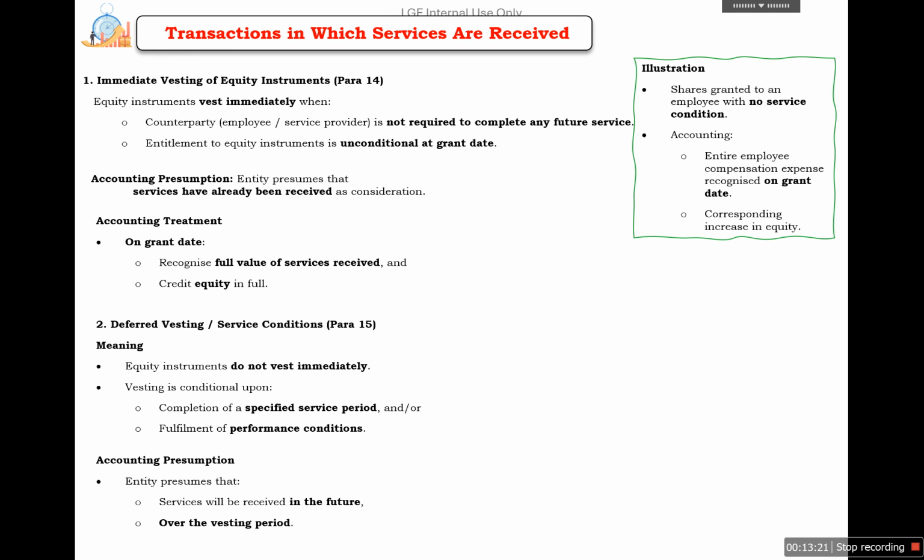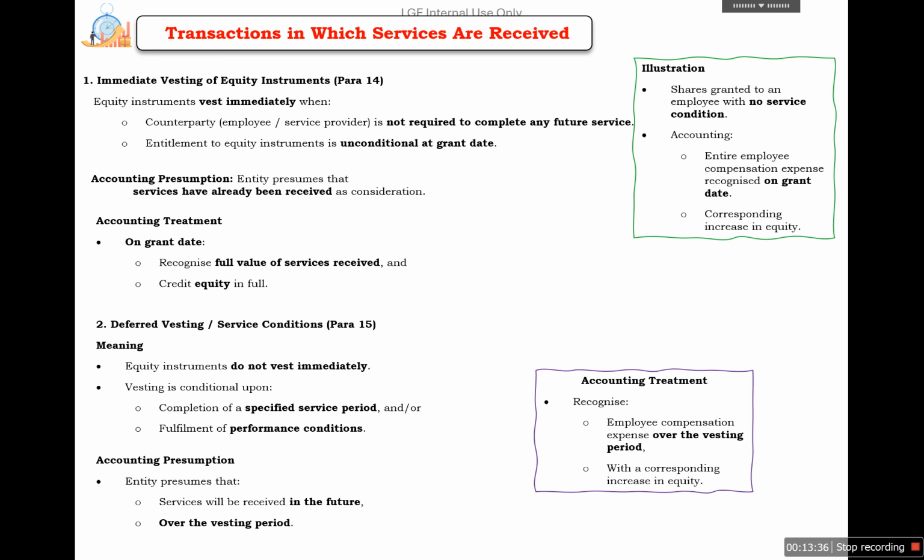So in this case, accounting presumes that the services will be received in future over the vesting period. So on a proportionate basis, the expense is to be booked. We need to recognize employee compensation over the vesting period with a corresponding increase in the equity.